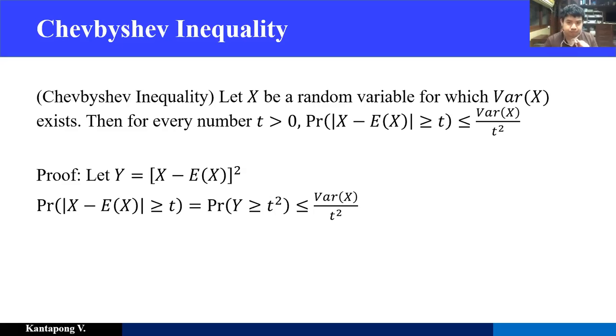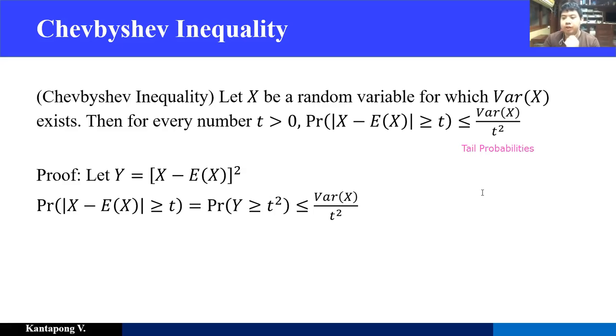Okay. So this is a tail probability, but in terms of the variance instead of the expectation.